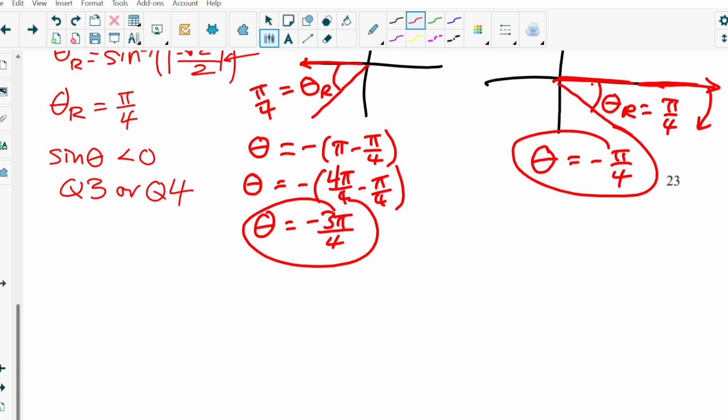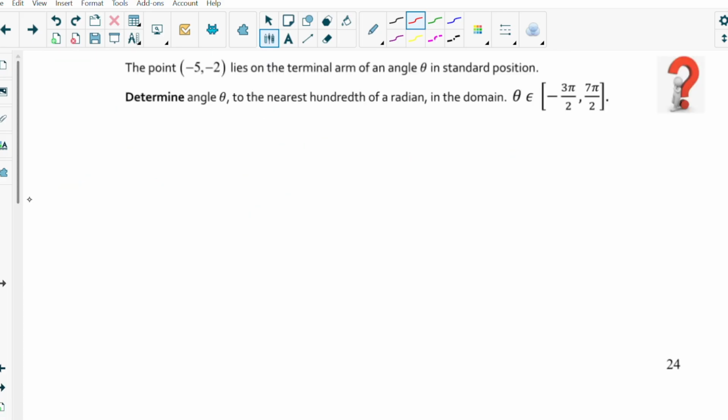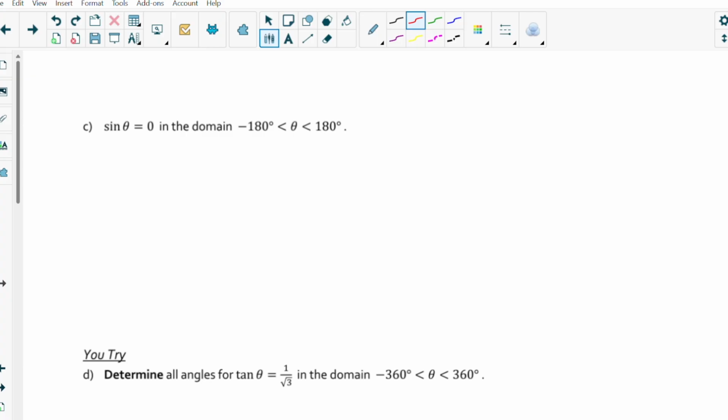Okay, next page. Sine of theta equals 0 in the domain, negative 180 degrees to 180 degrees. Okay, so same thing. We start off with the reference angle equals the inverse sine of the absolute value of 0.